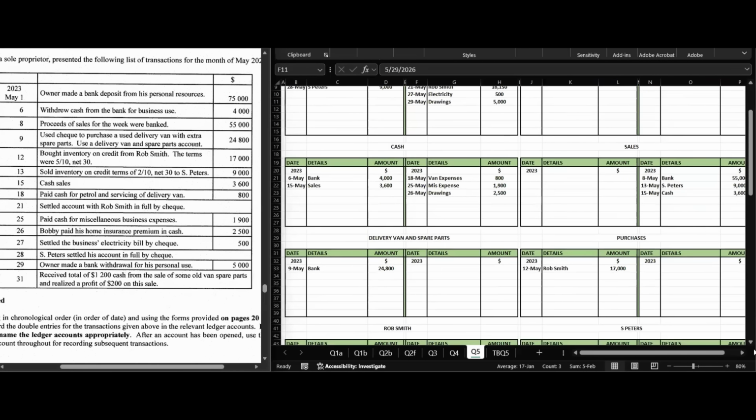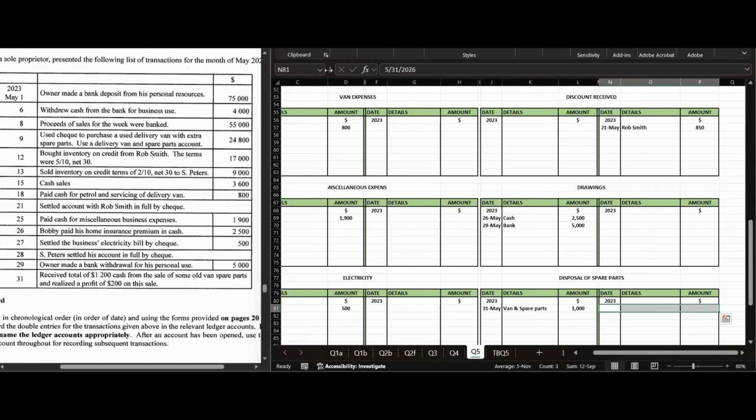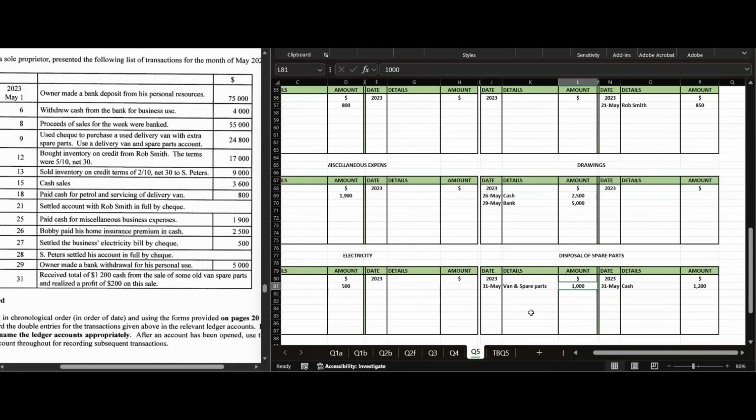Once you're receiving 1,200 cash, you'll debit your cash 1,200, and go to your disposal account and credit that there. And the difference between those two, the 1,200 we received and the value of 1,000, will be $200 profit. And there we go, guys, right?